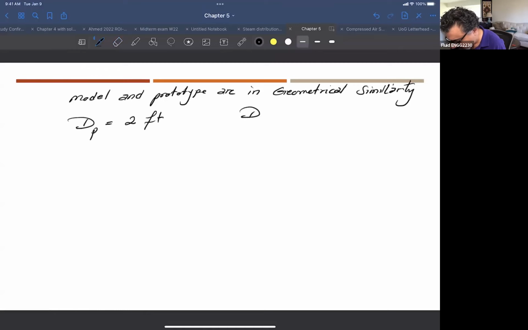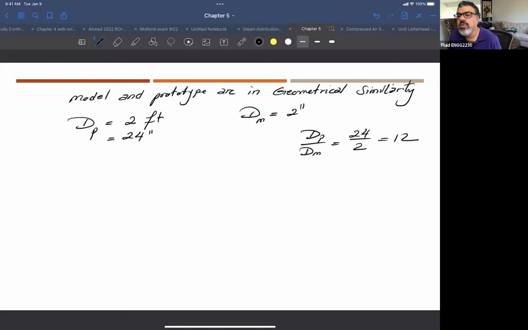The diameter of the valve in the model is 3 inch. Okay, so just make sure that this is the same dimension. So let's say this is 24 inch. So in geometrical similarity, the scale here is D of the prototype over D of the model, 24 divided by 2.